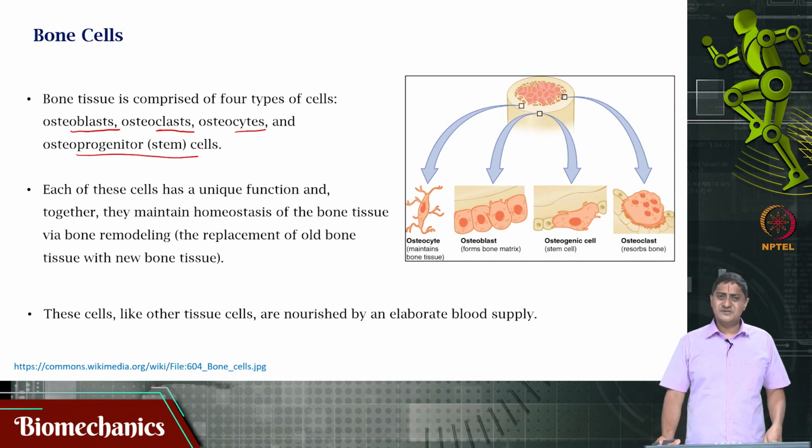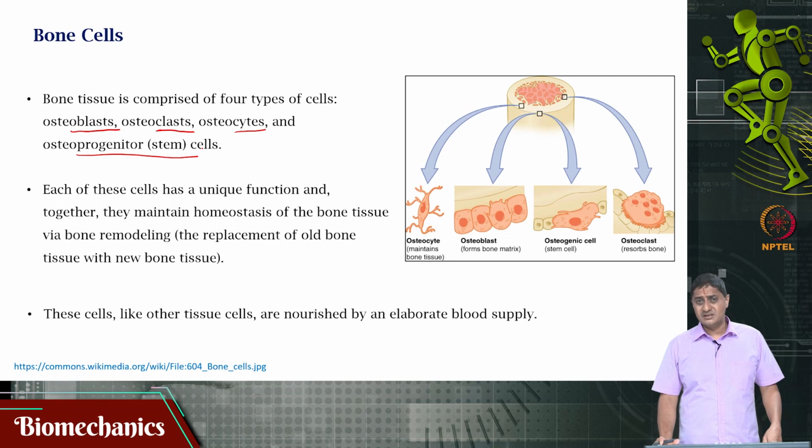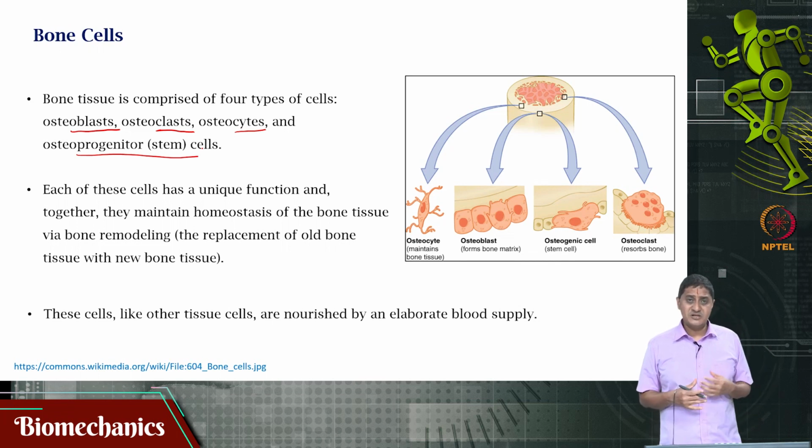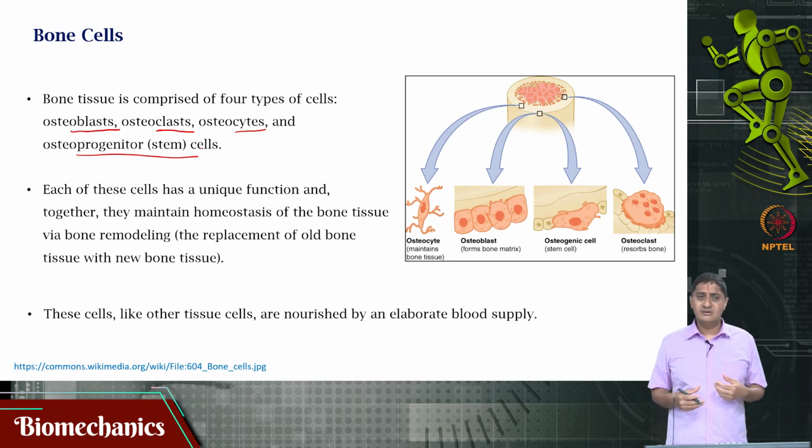These 4 types of cells, each of them have a unique function, and together they function together to maintain the homeostasis of the bone via remodeling of the bone, replacement of old bone tissue with a new bone tissue. Remember what is homeostasis. If you still do not know what is homeostasis, please check what is homeostasis.